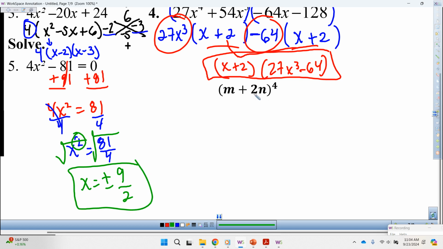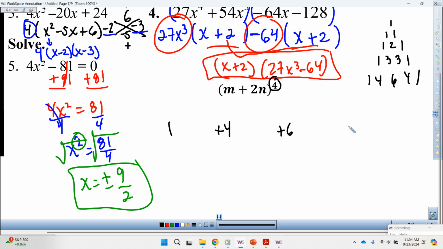Last but not least, use the binomial theorem for that one. What row do we stop at? 4. We got 1, 1, 1, 1, 2, 1, 1, 3, 3, 1, 1, 4, 6, 4, 1. So I use 1, space 4, space 6, space 4, space 1.